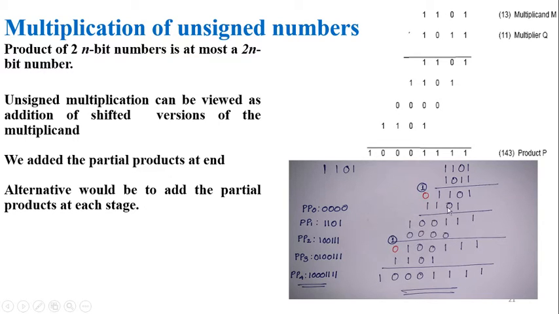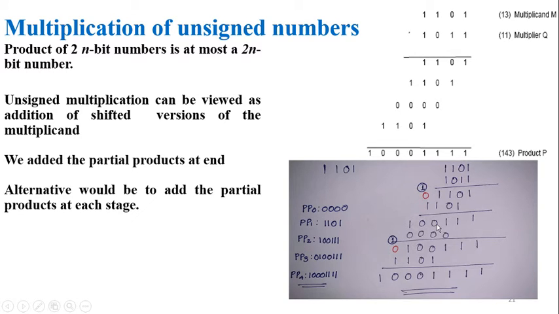So perform a 1 bit left shift and write down this intermediate multiplication result. Then perform an addition with the previous partial product value and generate a new partial product value at the second level, which is 111001 here. So this is the partial product at stage 2.